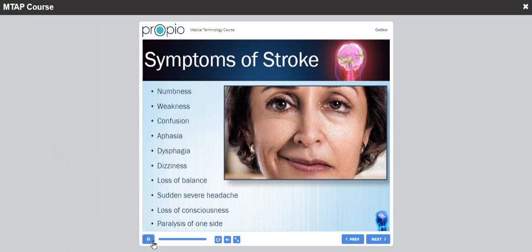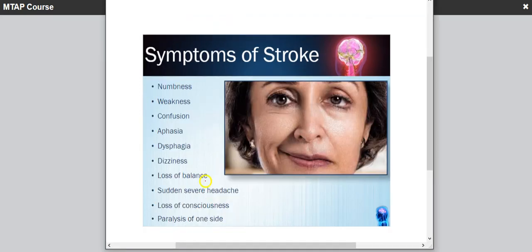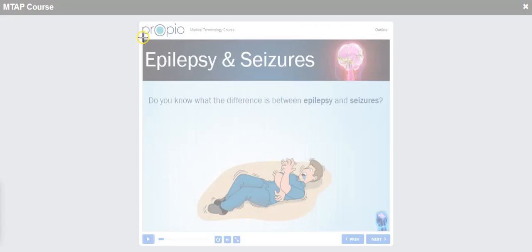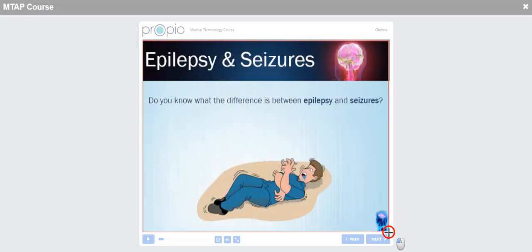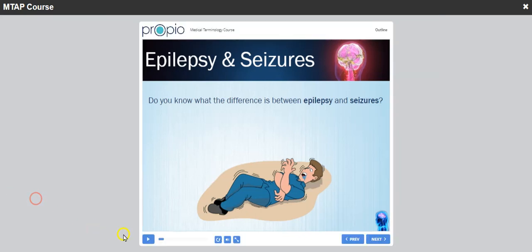During this procedure, the microsurgical clipping, a small metal clip is used to stop blood flow into the aneurysm.